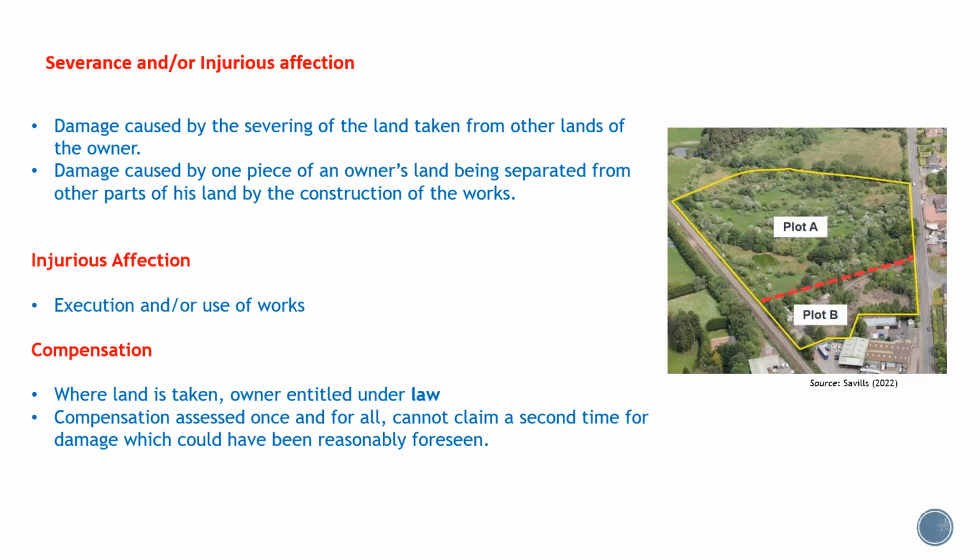Then an authority comes along and takes part of it, say all of plot A, and the owner is compensated for that by the development value of that land for those potential apartments, so that is fine. But they're left with plot B, and this is much smaller and only suitable for a few individual houses. So that land is worth less in that situation than it was before, and that would give rise to a claim for severance.